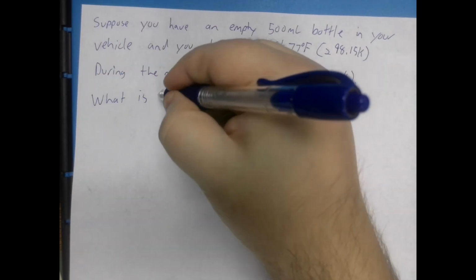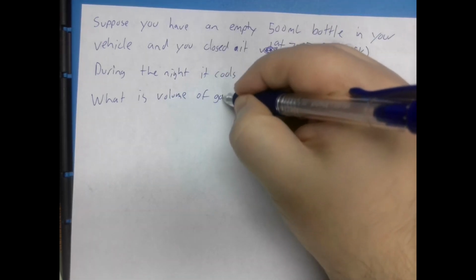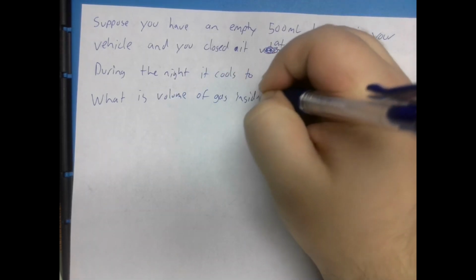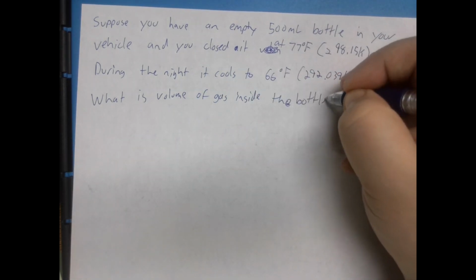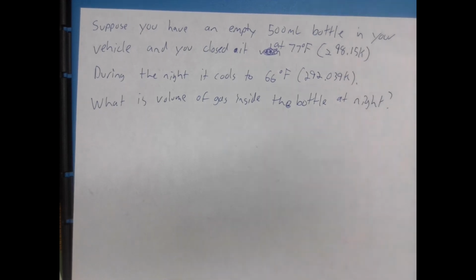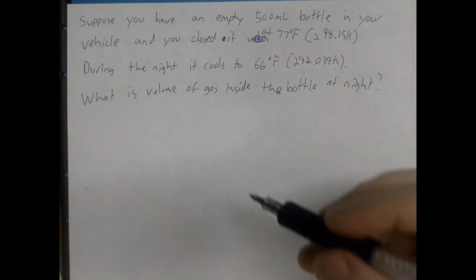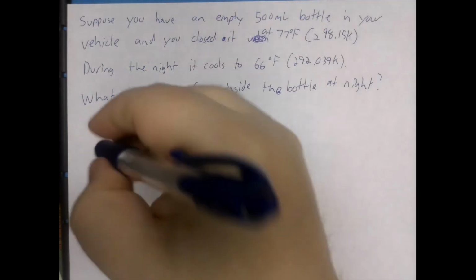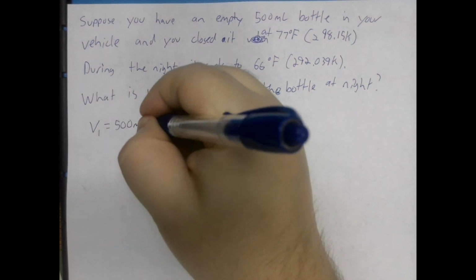What is the volume of gas inside the bottle at night? So again, initial volume is 500 milliliters.